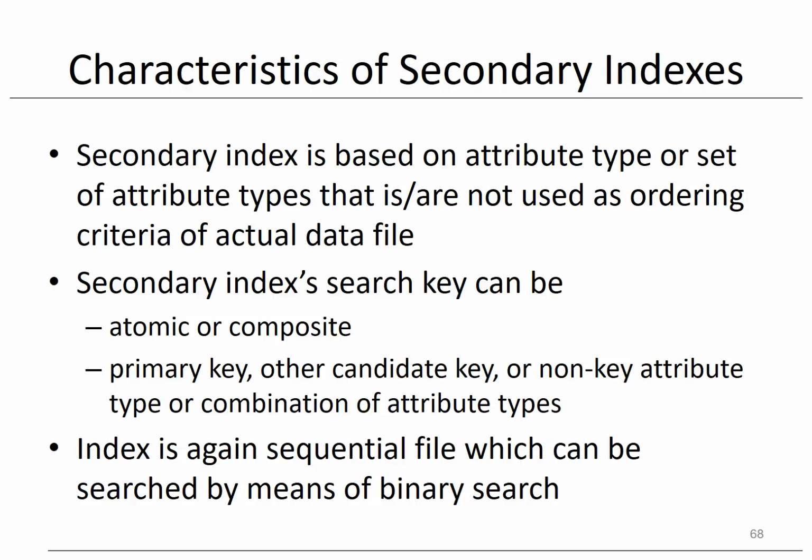A secondary index's search key can be atomic or composite, consisting of multiple attribute types. It can be either a primary key or other candidate key, or a non-key attribute type or combination of attribute types. The index itself is again a sequential file which can be searched by means of the binary search technique.